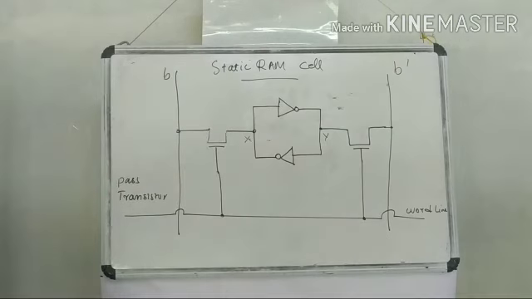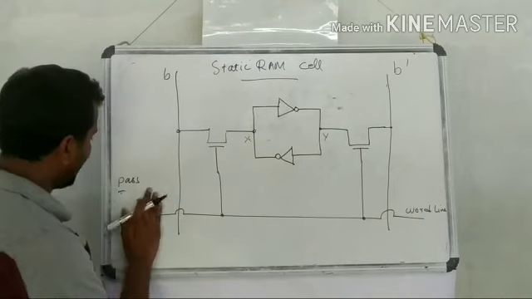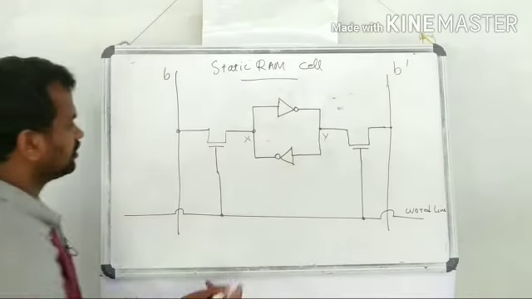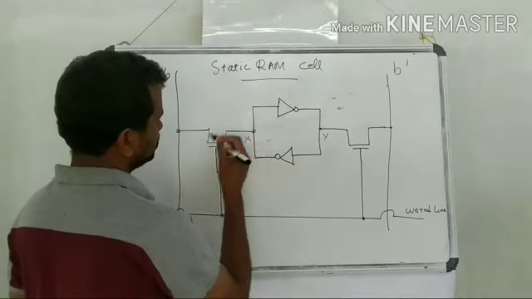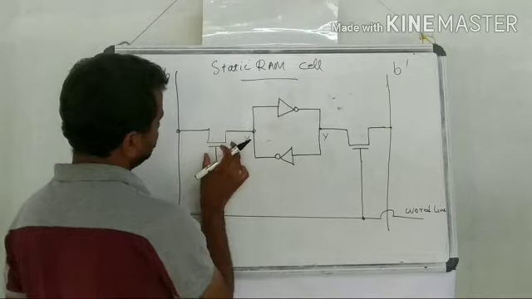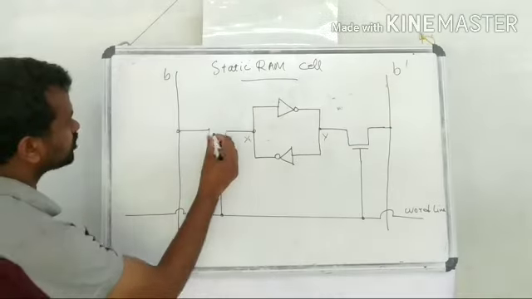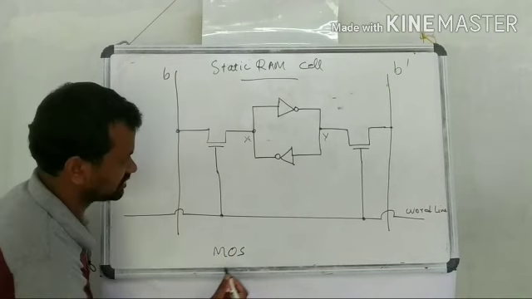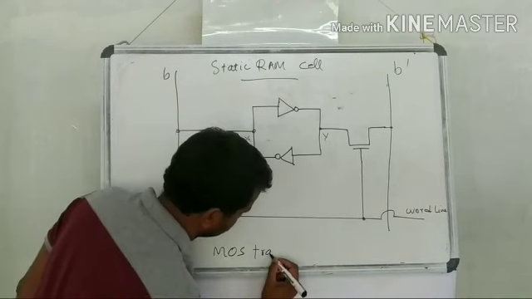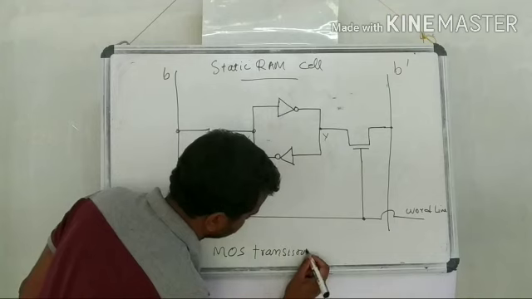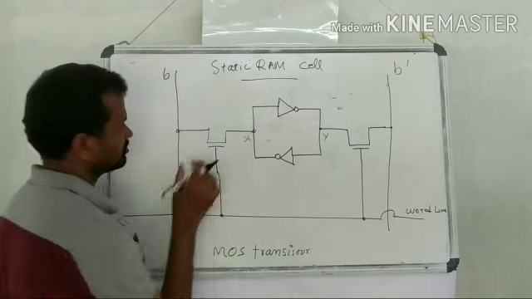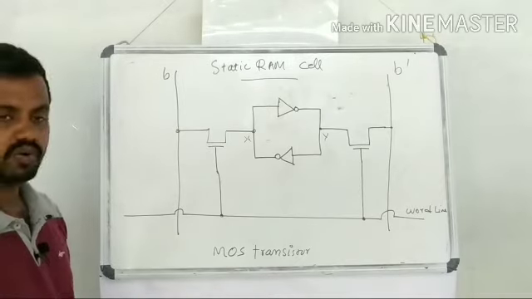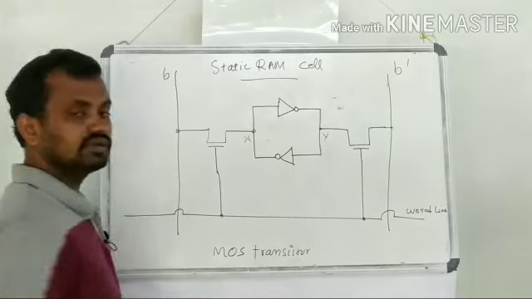Whenever this word line is activated, this transistor will become on. This is a MOS transistor. These transistors are MOS transistors, and this one is another MOS.